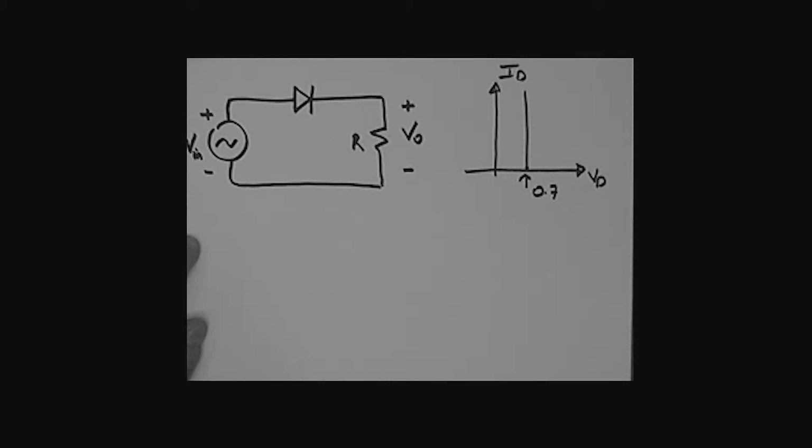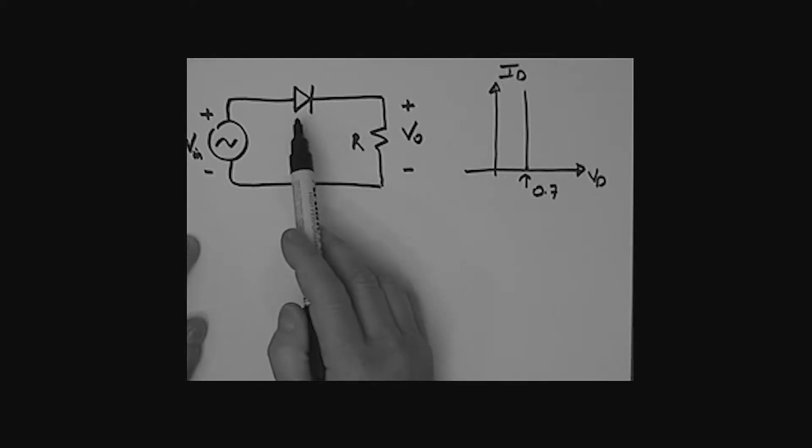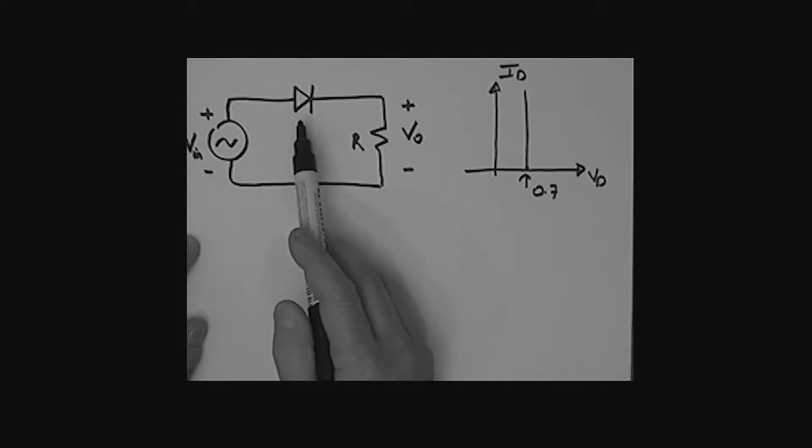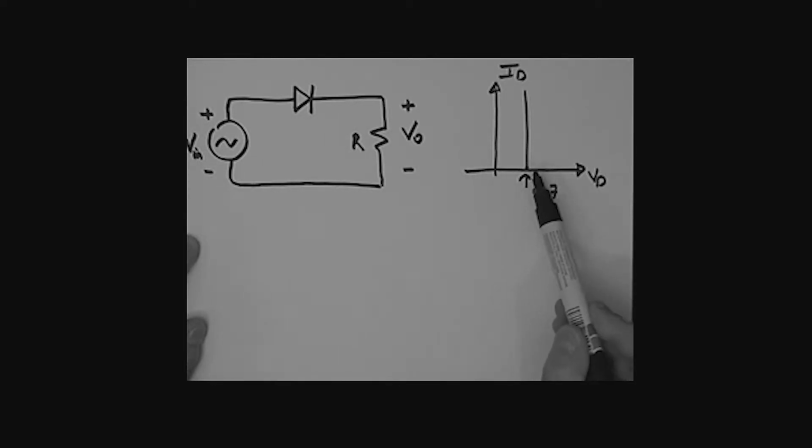I want to look at breaking this problem up into 3 cases. The first case is where we determine what I'll refer to as the onset of conduction, when this diode is just about to conduct. On our characteristic curve, it would equate to being at this point right here.